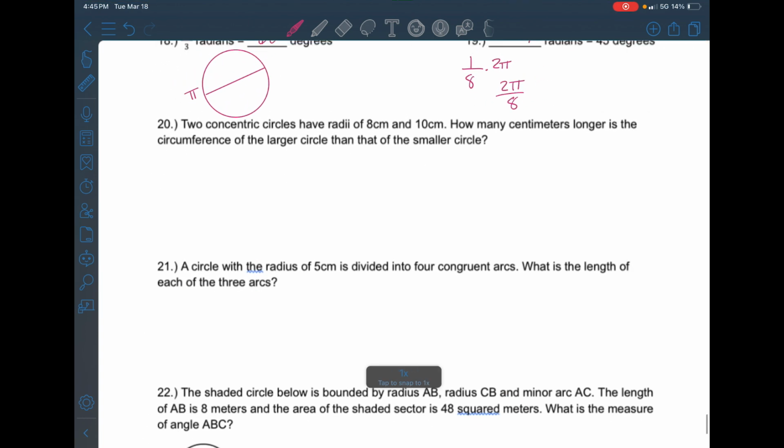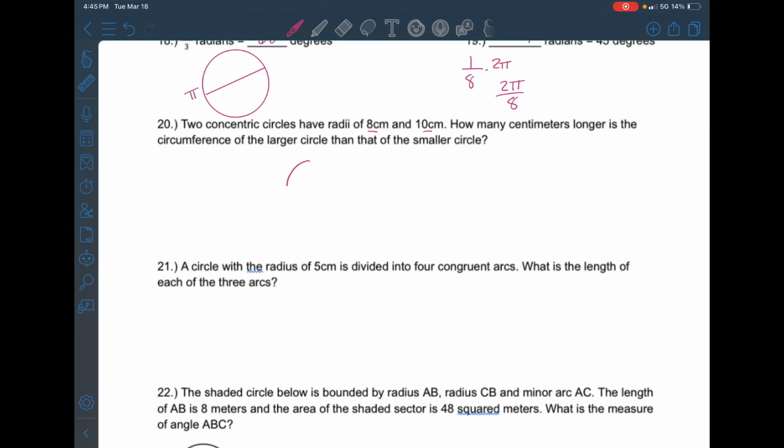2 concentric circles have radii of 8 centimeters and 10 centimeters. You may see "respectively," meaning the first one's 8 centimeters, the second one's 10 centimeters. How many centimeters longer is the circumference of the larger circle than that of the smaller circle?